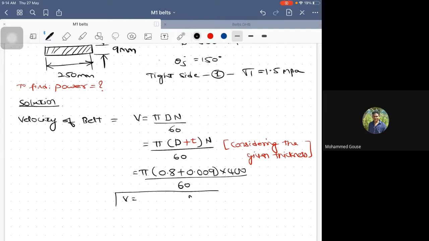Whatever value you get, it would be in meters per second. What is the value?